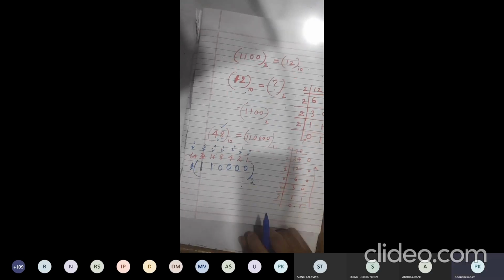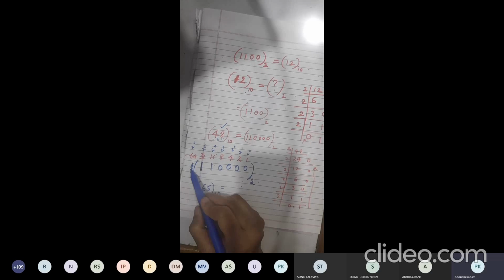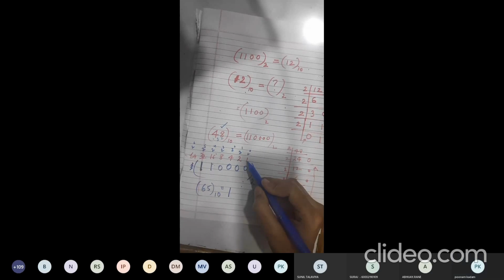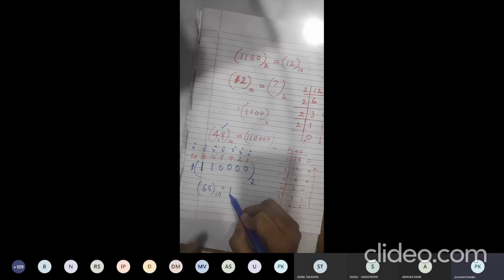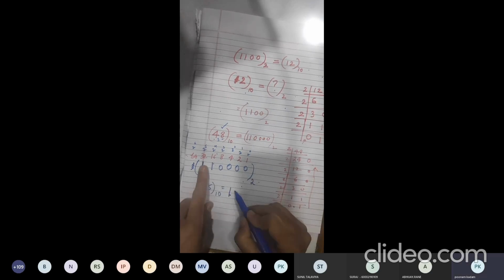Now you tell me, 65 you have to write in binary form. What will be the binary representation of 65? So I will put 1 under 64, and then I want only 1, right? 65 minus 64 is 1. So I will put 1 under this one. Then under 32, I'll write 0.